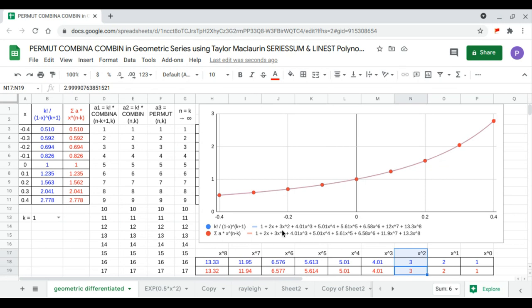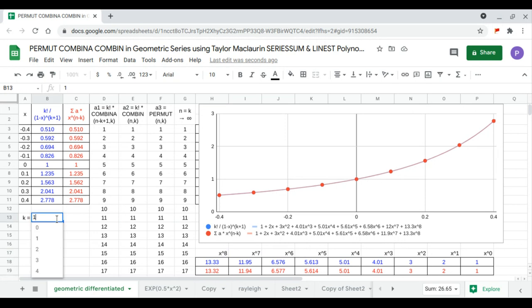Coefficient of x squared, 3. Coefficient of x cubed, 4.01. Coefficient of x to the 4th, 5.01. Coefficient of x to the 5th, 5.61. That's rounded off. X to the 6th, 6.58. X to the 7th, 12. This is 12 rounded off as 11.9. X to the 8th, 13.3.